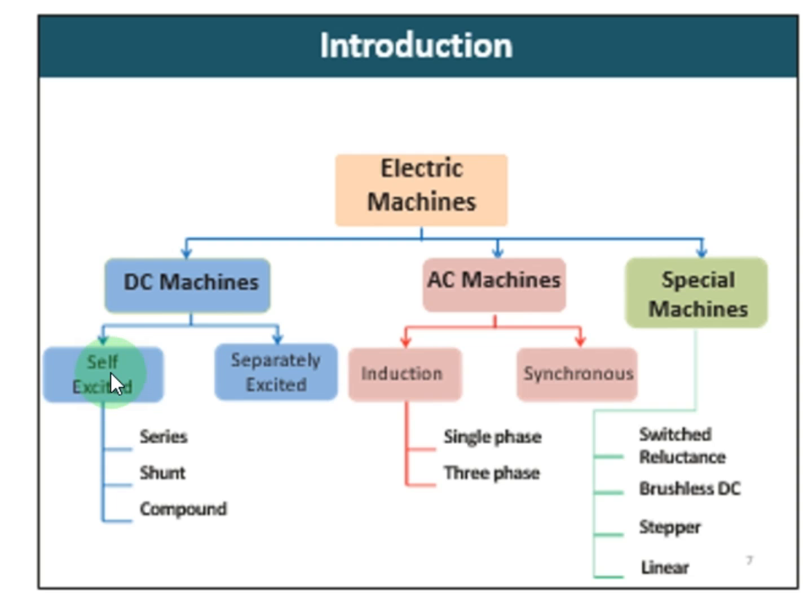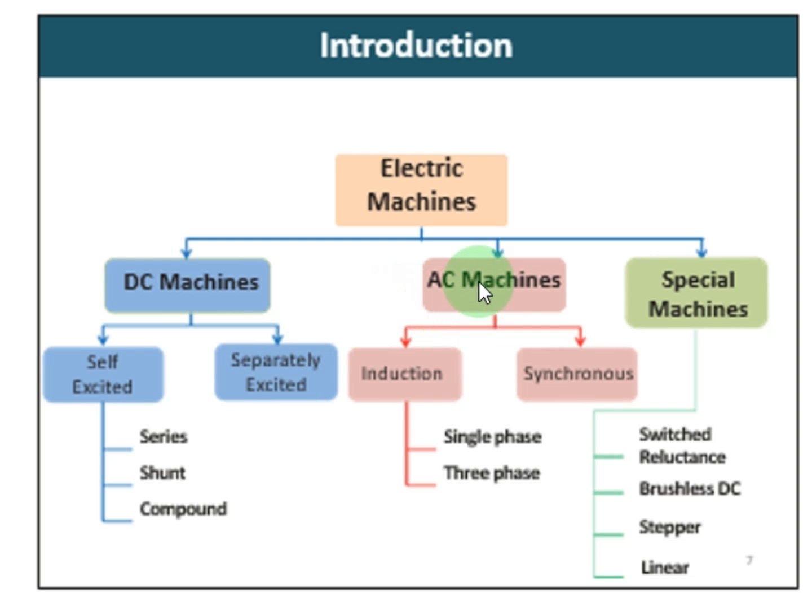The self-excited DC machines will be either series, shunt, or compound. That is the way the coils of the field winding and the armature windings are connected, whether series, parallel, or a combination of series and parallel, which is called compound. And then you might have separately excited, which means the armature windings and the field windings are separately excited. But I am not going to explain those things because you are still not familiar with the terminology.